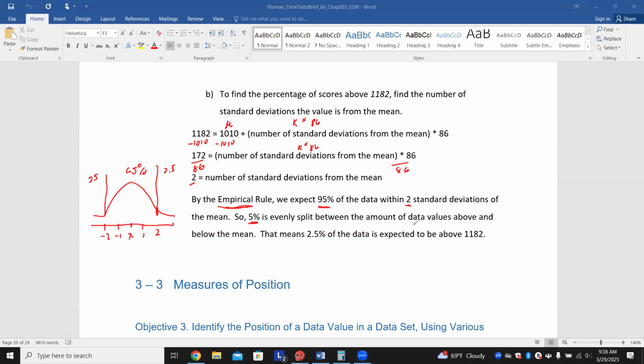So if we split the amount of data values above and below the mean, 2.5% of the data is expected to be above 1182. We were basically saying 2 standard deviations. This is my 1182 when my mean was 1010. So any number above 1182 will represent 2.5% of my data. We can calculate that knowing what our empirical rule is.